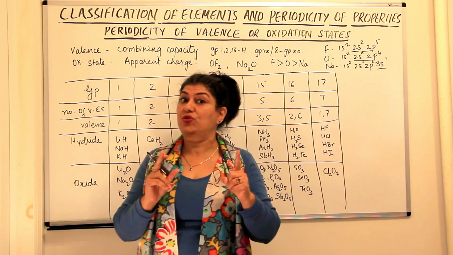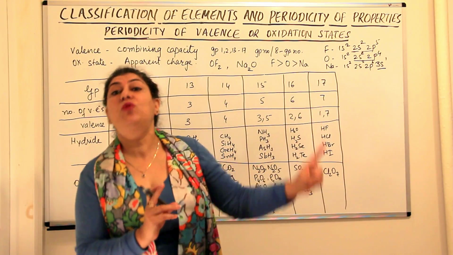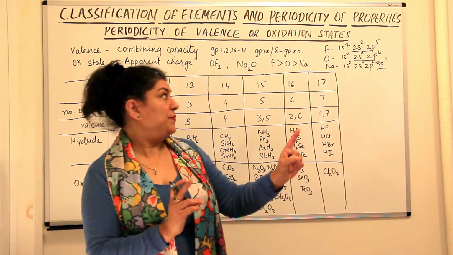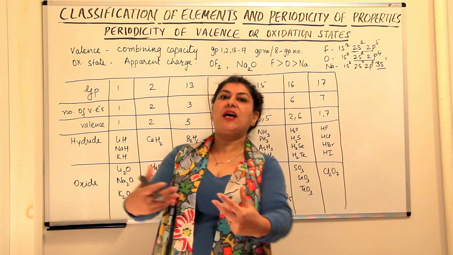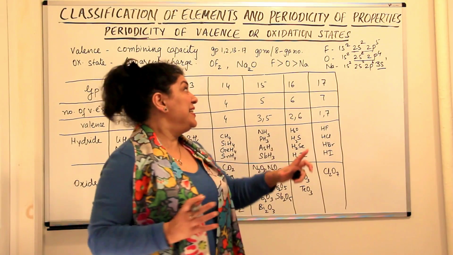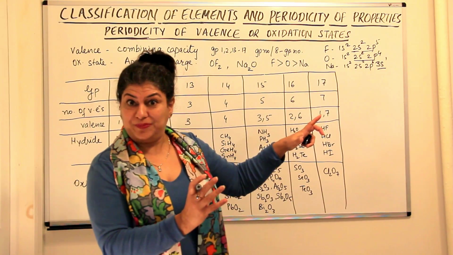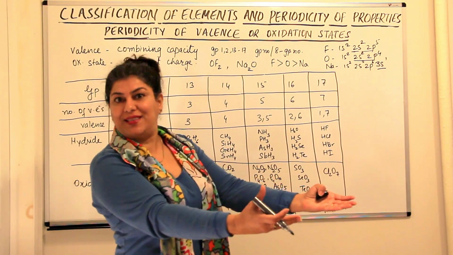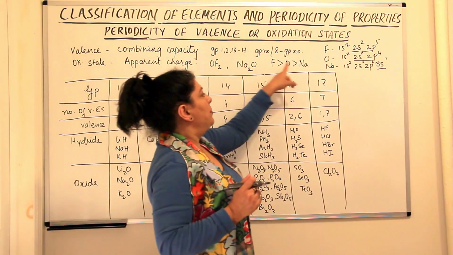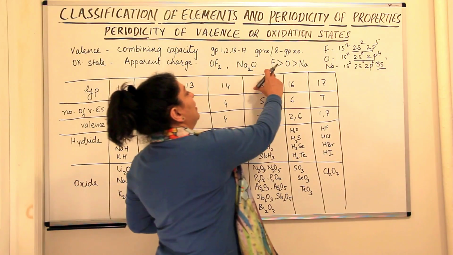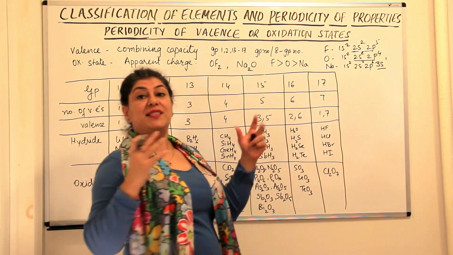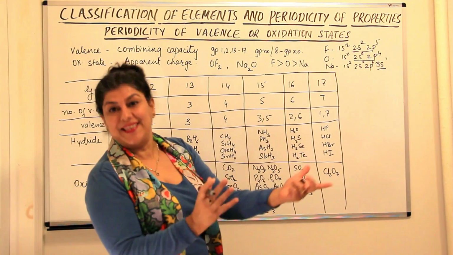Oxygen is also electronegative, but fluorine is even more electronegative than oxygen. And sodium is a metal. It is a king. It gives out electrons. So it is electropositive in nature. It has a tendency to give away its electron. So if we just write them in sequence of their electronegativities, the electronegativity of fluorine is the highest and that of sodium is the least.